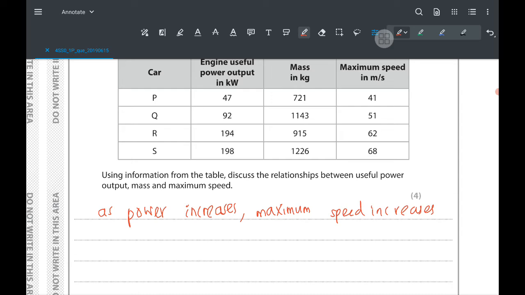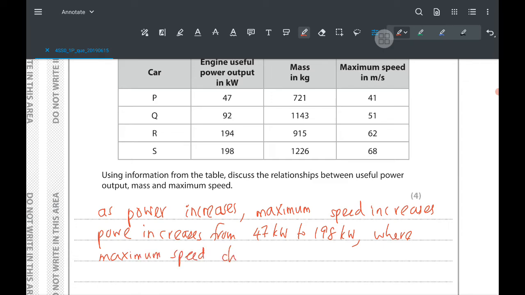For an example, the power increases from 47 kilowatt to 198 kilowatts, while maximum speed changes from 41 meters per second to 68 meters per second.